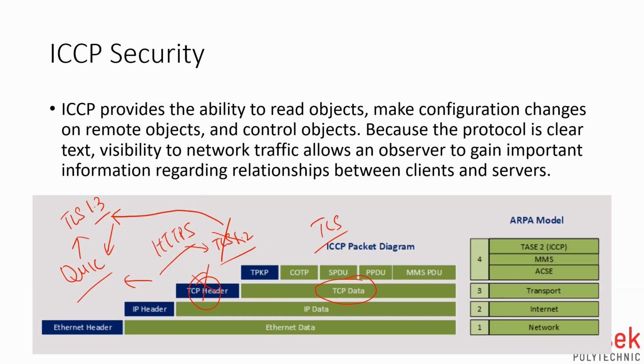I don't think any of these current protocols, whether it's Modbus, DMP, or ICCP, is ready for this. There are some tests on Modbus that I know of. For ICCP and DMP, I'm not too sure whether they are ready for TLS 1.3.